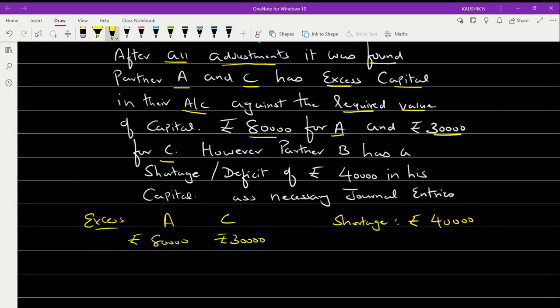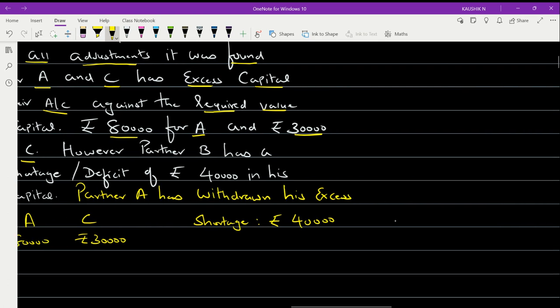Partner A has withdrawn his excess capital.